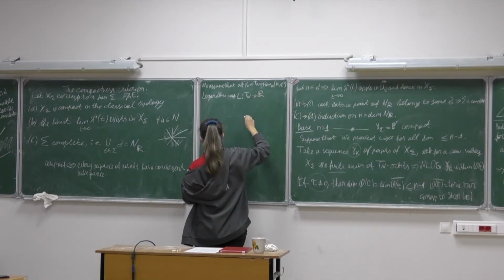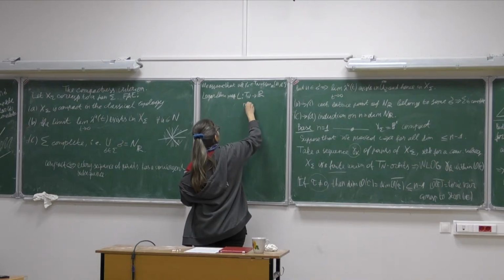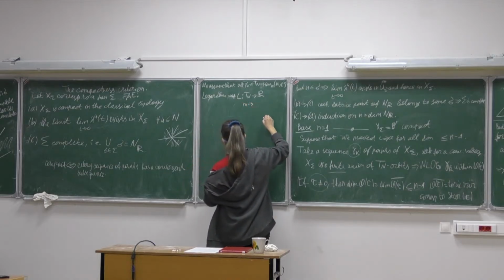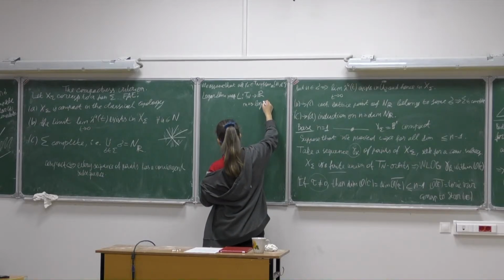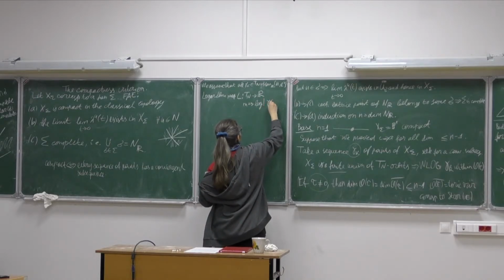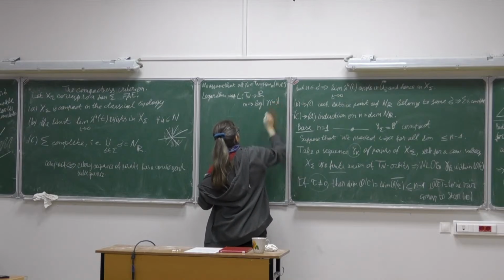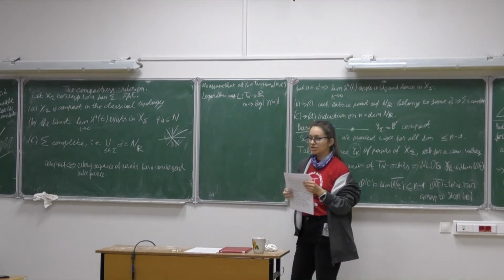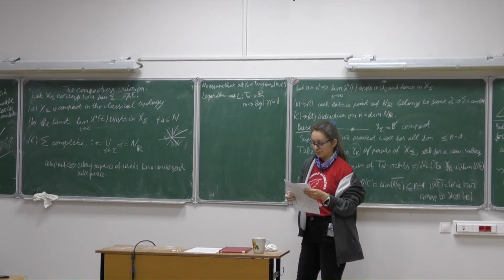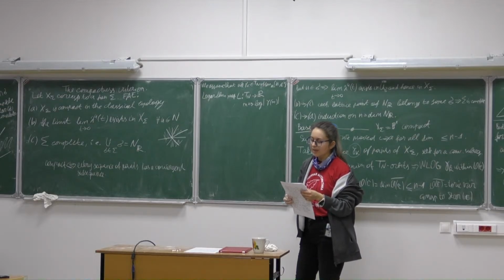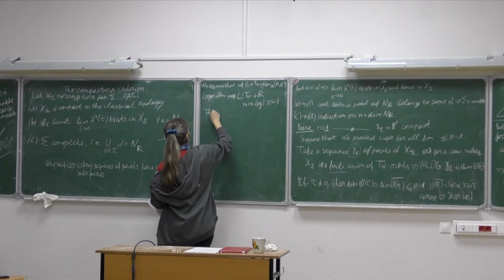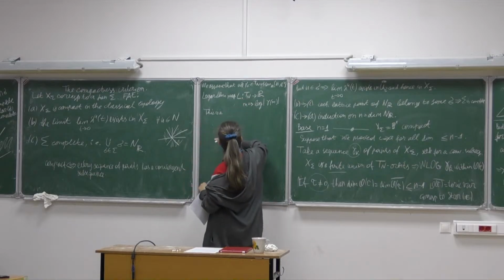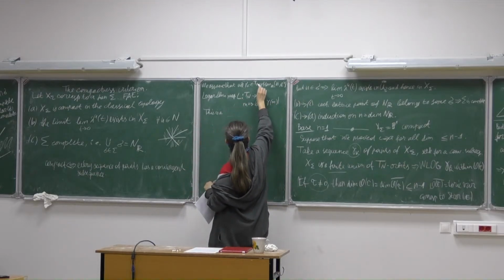We take the logarithm of the absolute value of gamma m. This is just the definition. This is a homomorphism. What is gamma? Gamma is a point of Tn.